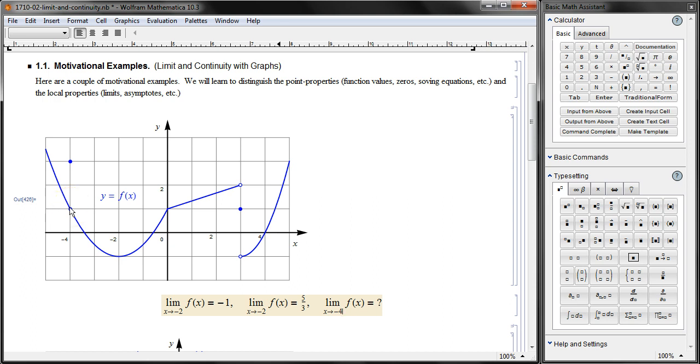Which y-coordinate am I converging to? Or I can follow the right hand side of the graph and get closer and closer as I approach x equals -4. Which y-coordinate am I converging to? Remember, the function value is the y-coordinate. Therefore, the limit should be a y-coordinate. Which y-coordinate? It's 1.